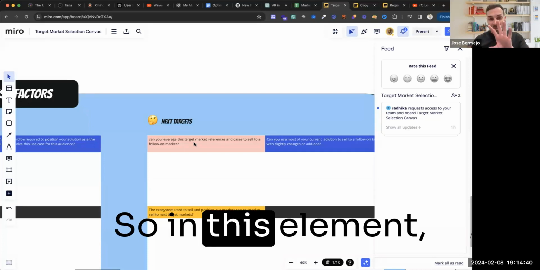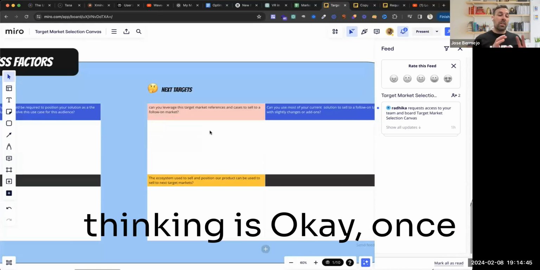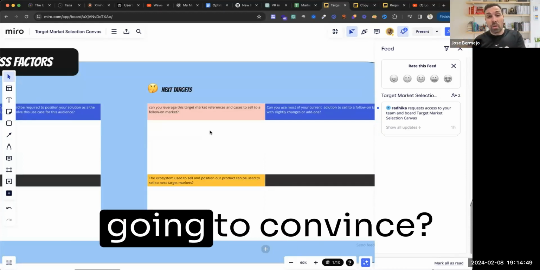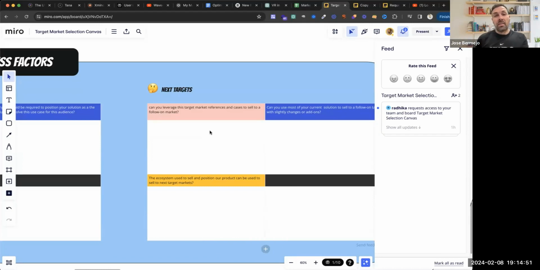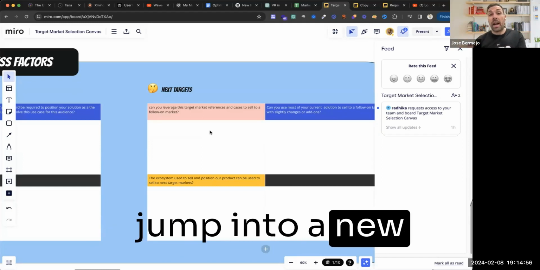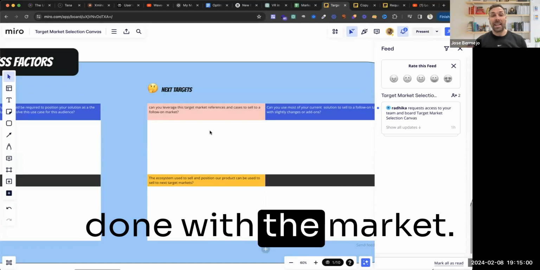So in this factor, what we're thinking is, okay, once we win this market, who else are we going to convince? Because if we cannot jump into a new target, then we're done with the market.